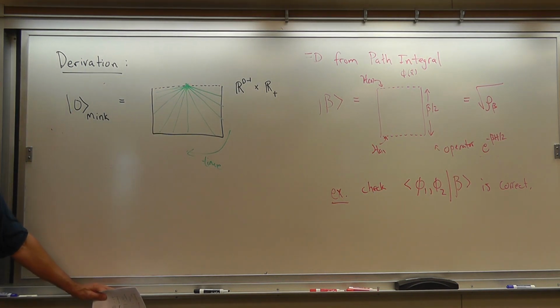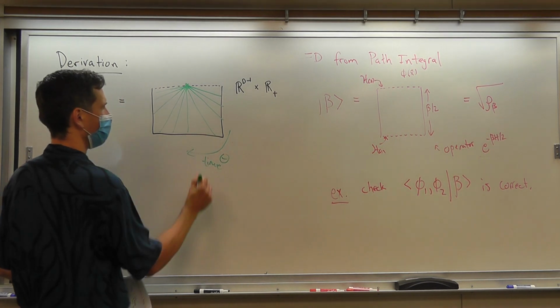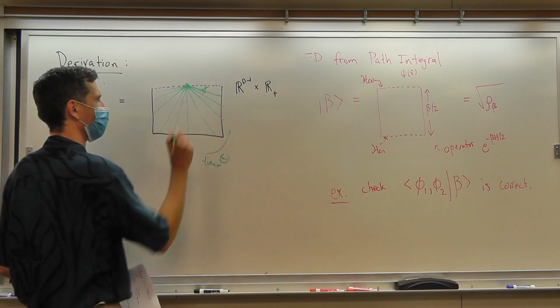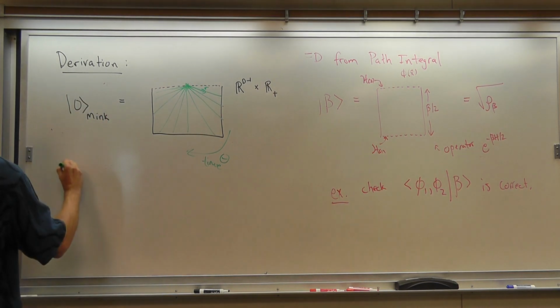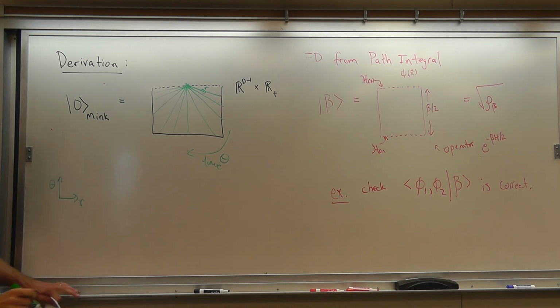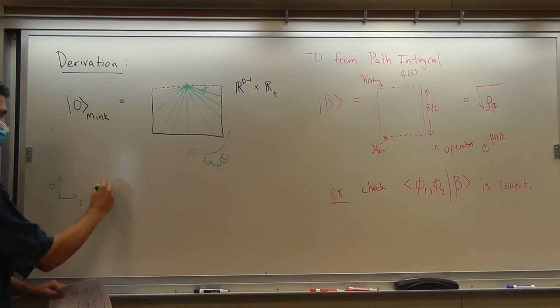If I draw it, let's call this direction theta, and we'll call the outward direction r. In r theta coordinates, what does it look like?